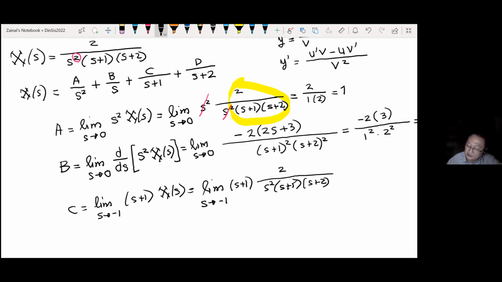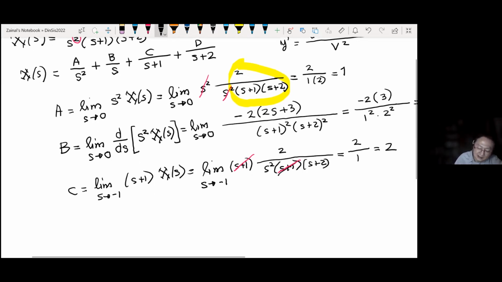This cancels out. If you substitute minus 1, you have 2 over (minus 1) squared, which is 1, multiplied by 1. This is 2.